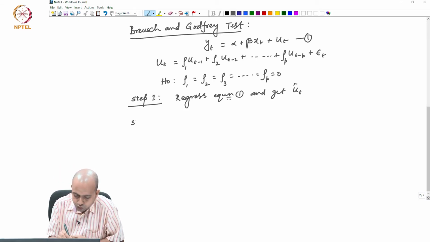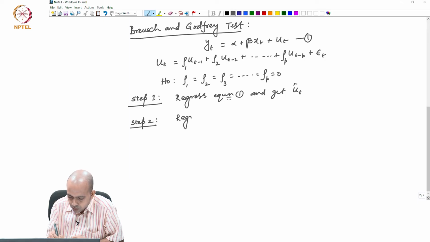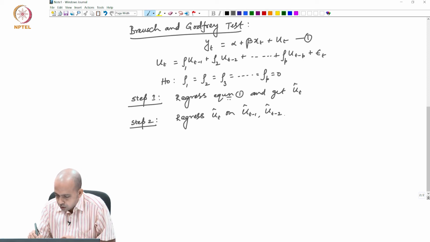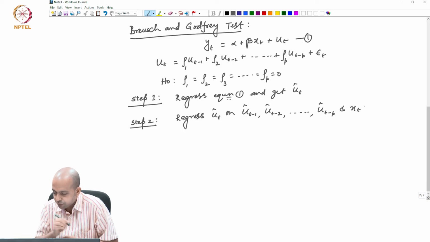Then in step 2, regress ut hat on ut minus 1 hat, ut minus 2 hat, up to ut minus p hat, and xt.